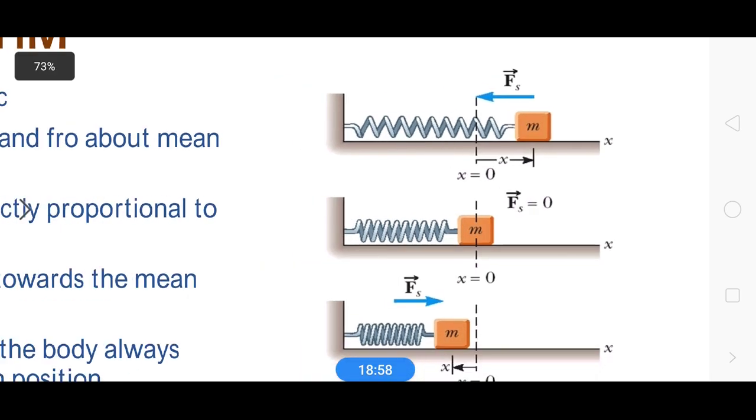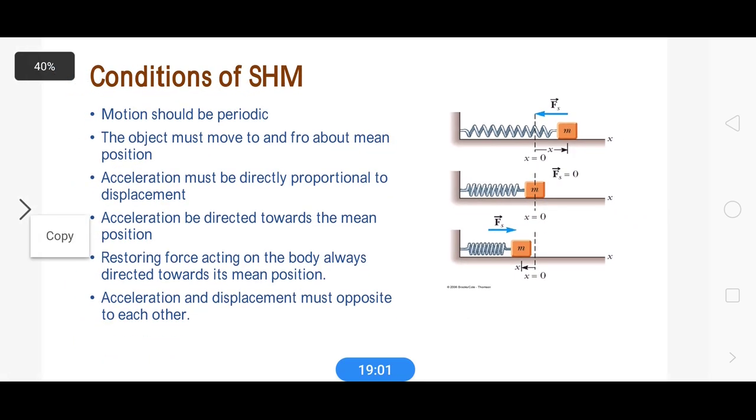And if you observe the directions of acceleration and displacement, both are opposite to each other. In the third diagram, the restoring force or acceleration is towards the mean position, but the displacement is away from the mean position. So acceleration and displacement must be opposite to each other. So these are the conditions.